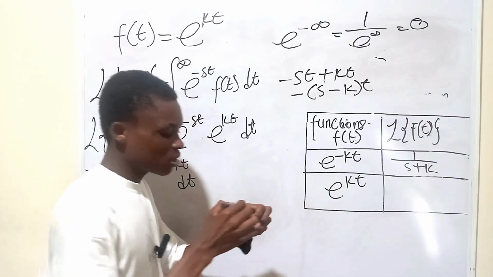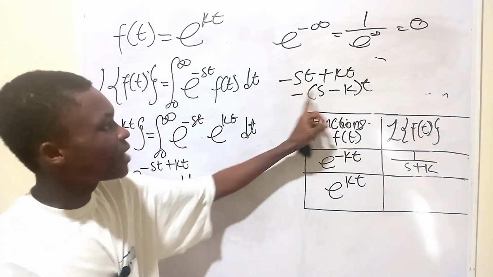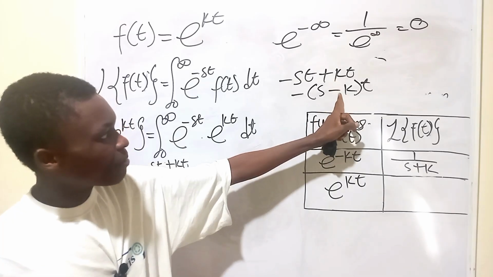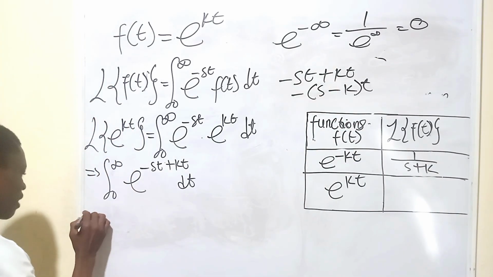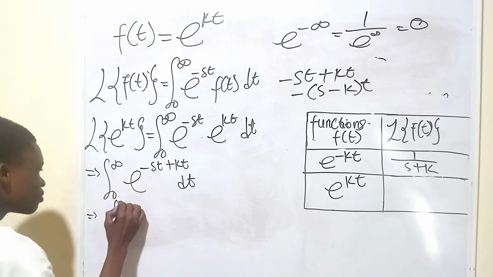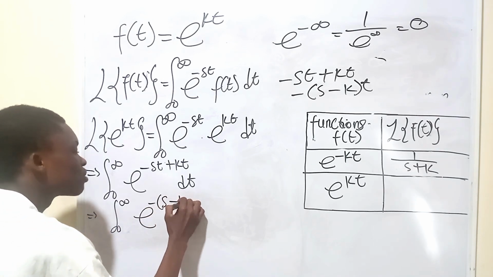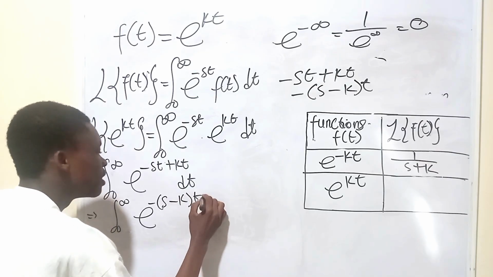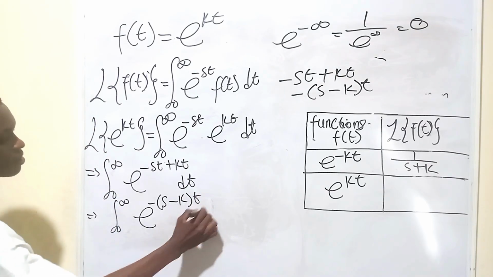Yes, because minus t multiplied by s gives us minus st, minus t multiplied by minus k gives us positive kt. So let's factorize that. If we do that, we'll have that this is the integral from 0 to infinity exponential negative s minus k multiplied by t dt.